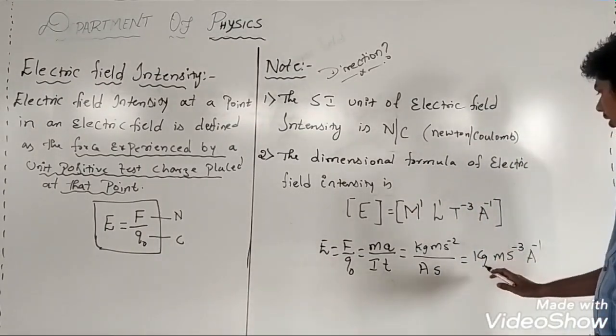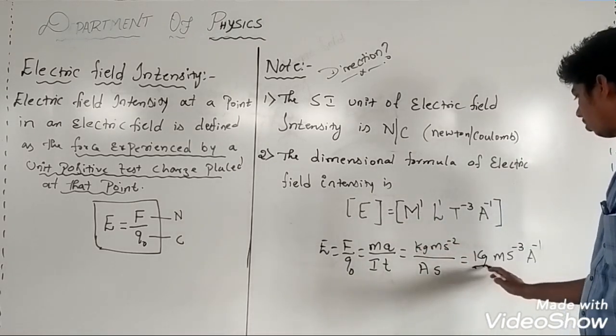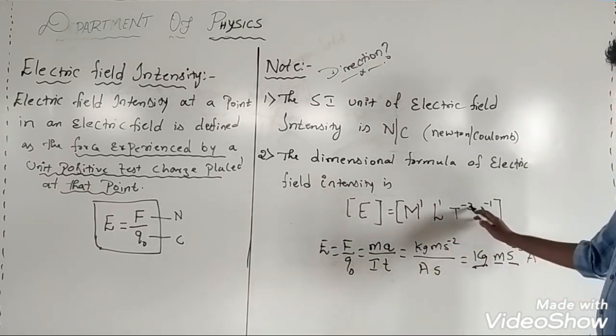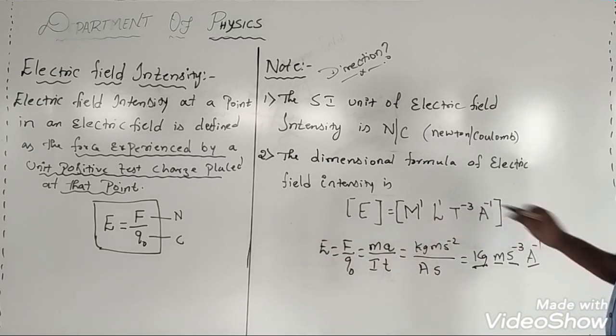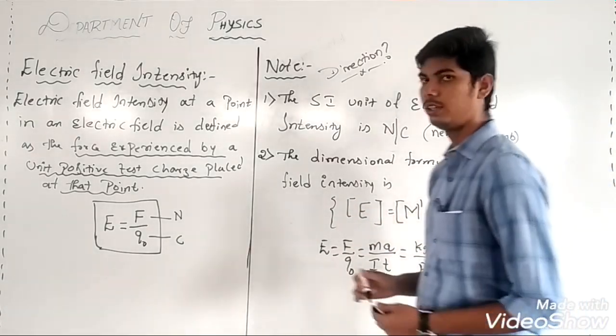From this, we can write the dimensions of electric field intensity as 1 in mass, 1 in length, minus 3 in time, and minus 1 in current. This is the dimensional formula for electric field intensity.